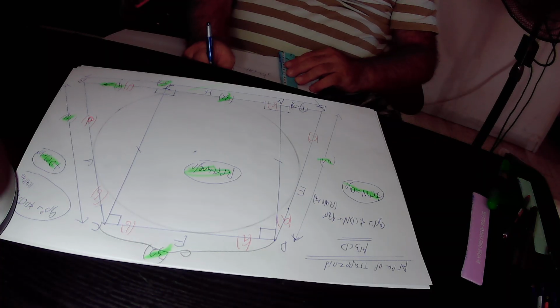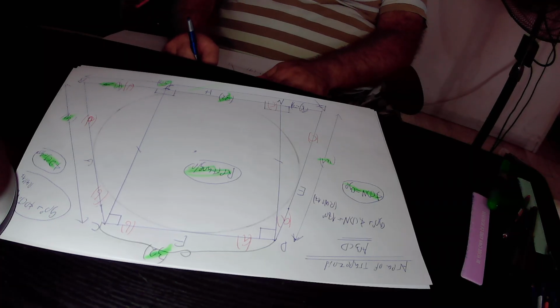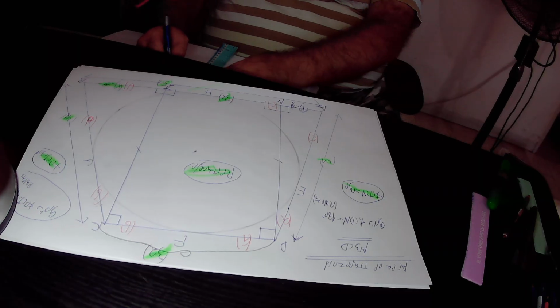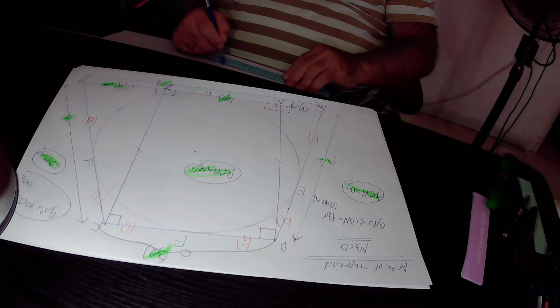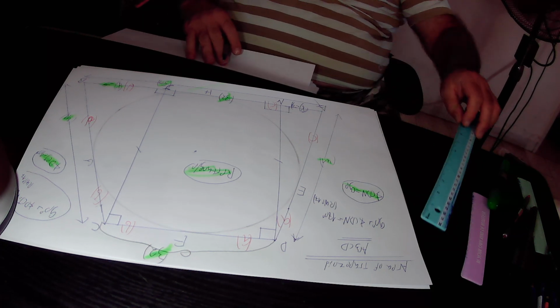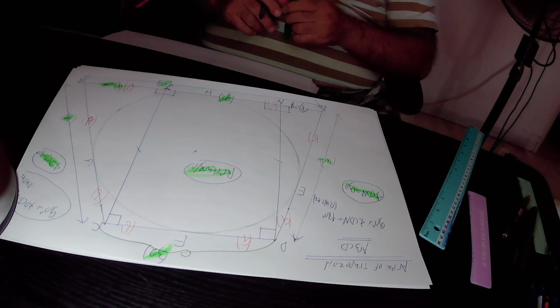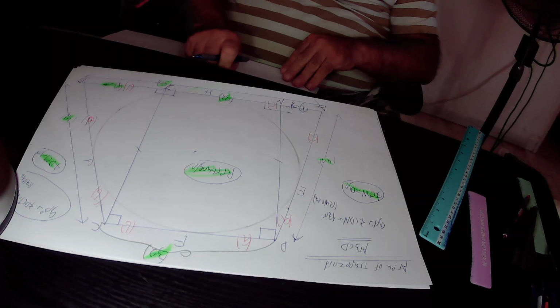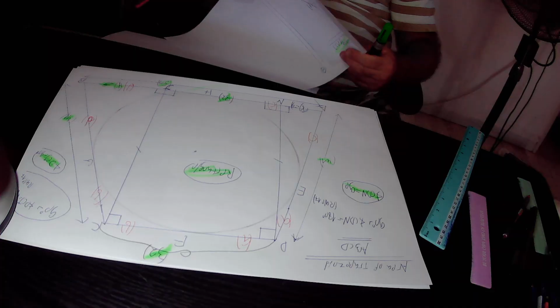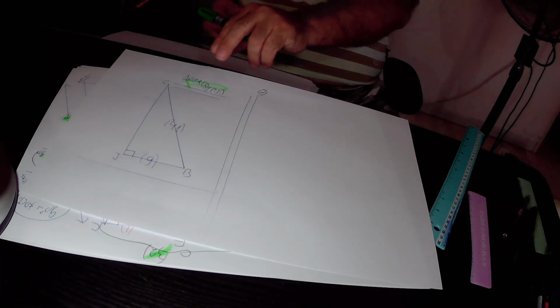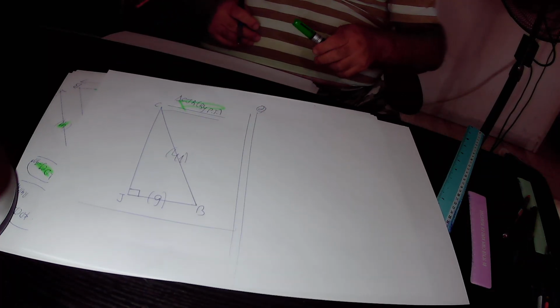Here PT is the abbreviation for Pythagoras theorem. So actually, this is the right triangle CJB according to the original drawing.